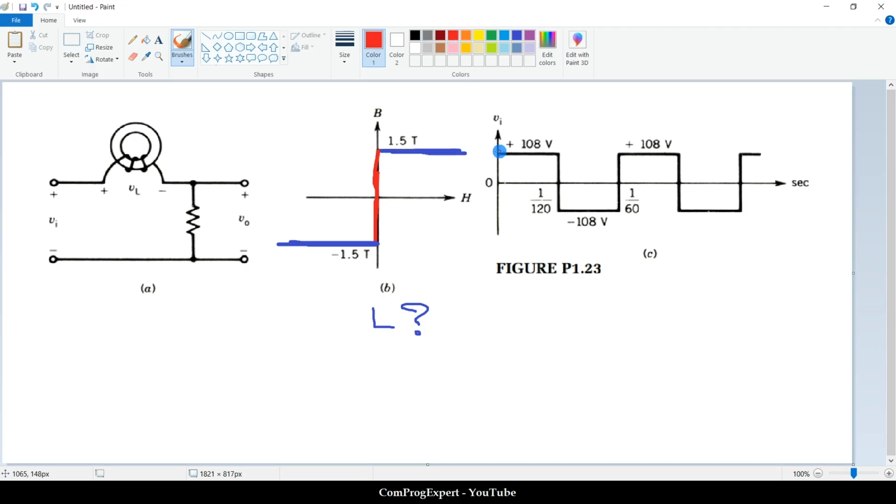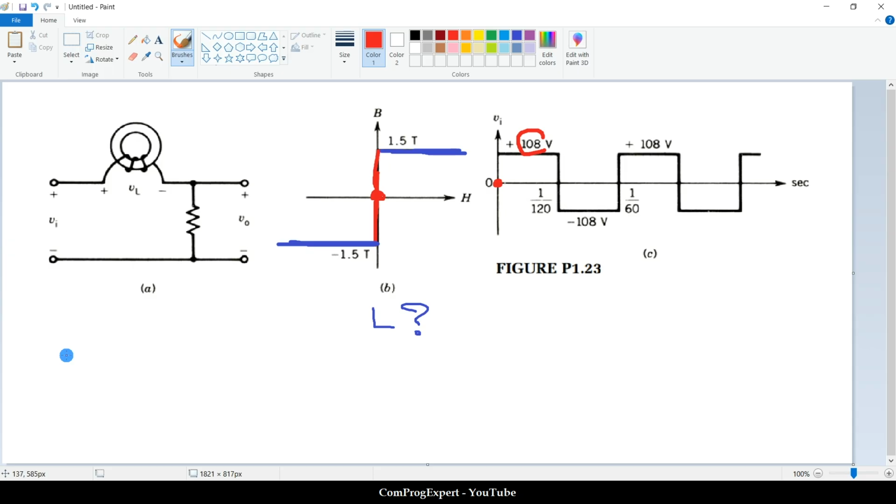So we can consider this. When we apply the voltage here, for example 108, and consider the 0 time. When we apply 108 volt and the current is 0, because we have this BH curve and we are here, H is 0.